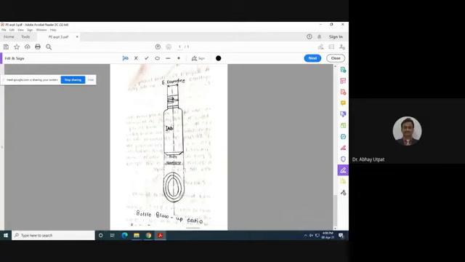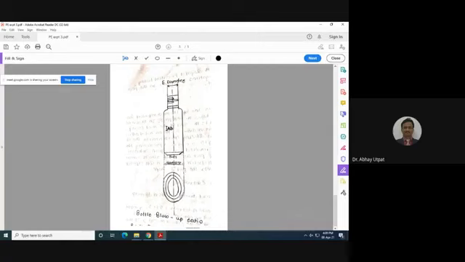If your parison does not have the proper initial temperature, then blowing will be difficult. So I repeat once again, blow ratio also depends upon the initial temperature of the parison.